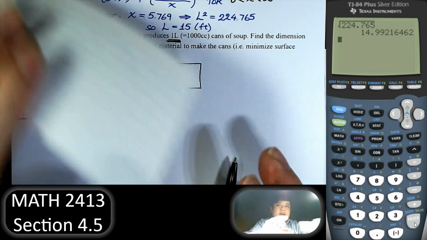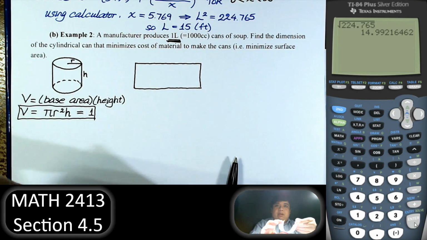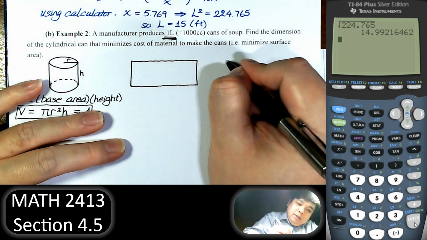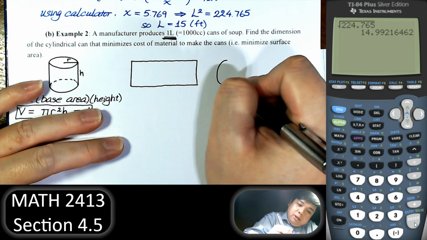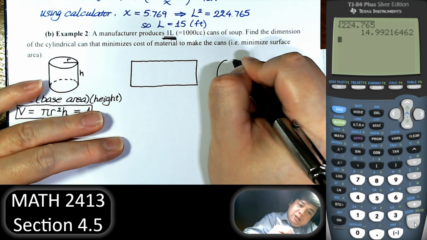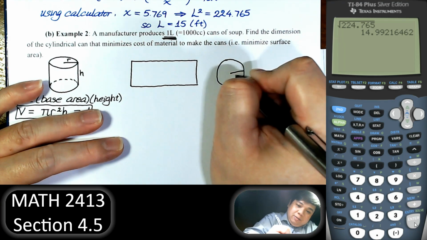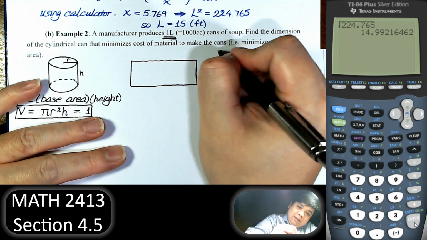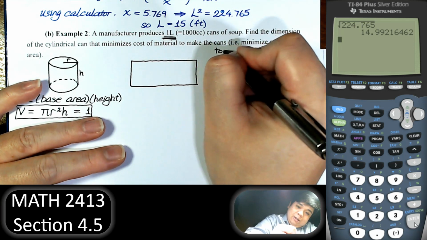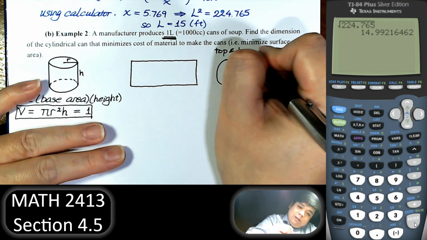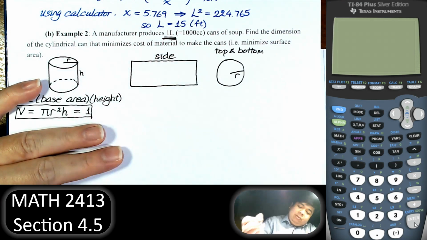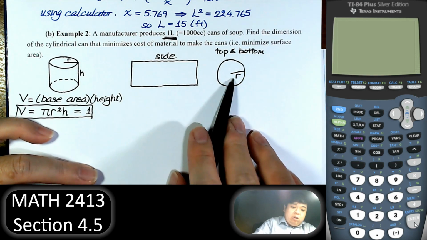When we roll it up, it makes the side of the can, and then of course the top and bottom as well. The top and bottom are each a circle of radius R, and there are two of them, one for the top, one for the bottom.